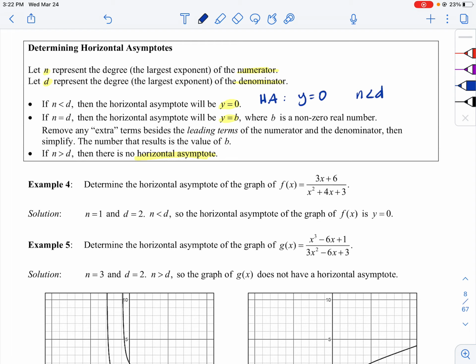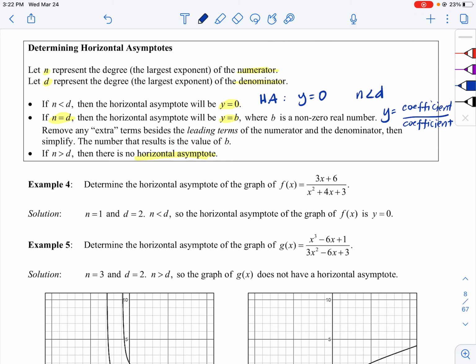Okay, moving on. If n is equal to d, that means the largest exponent on the top is the same as the largest exponent on the bottom. What you will be doing is dividing the leading coefficients. So this is y equals the coefficient on the top divided by the coefficient on the bottom, and that would be your horizontal asymptote.